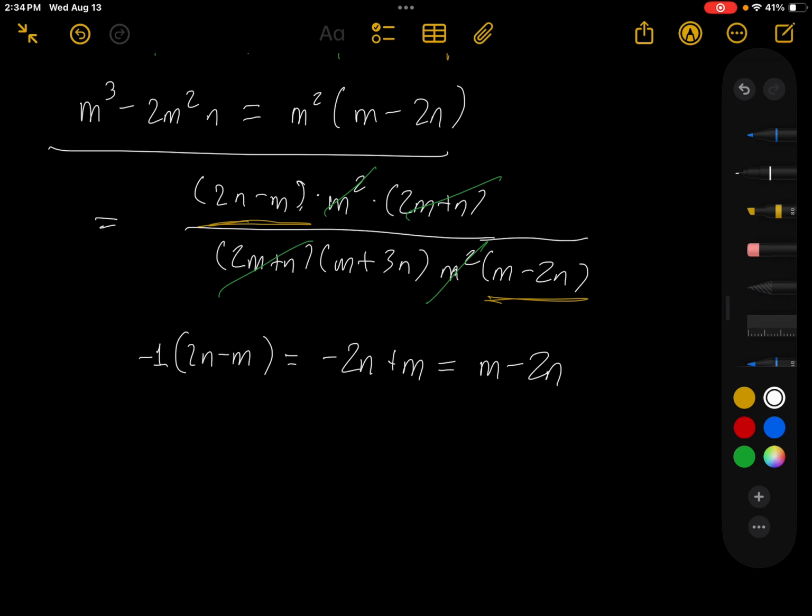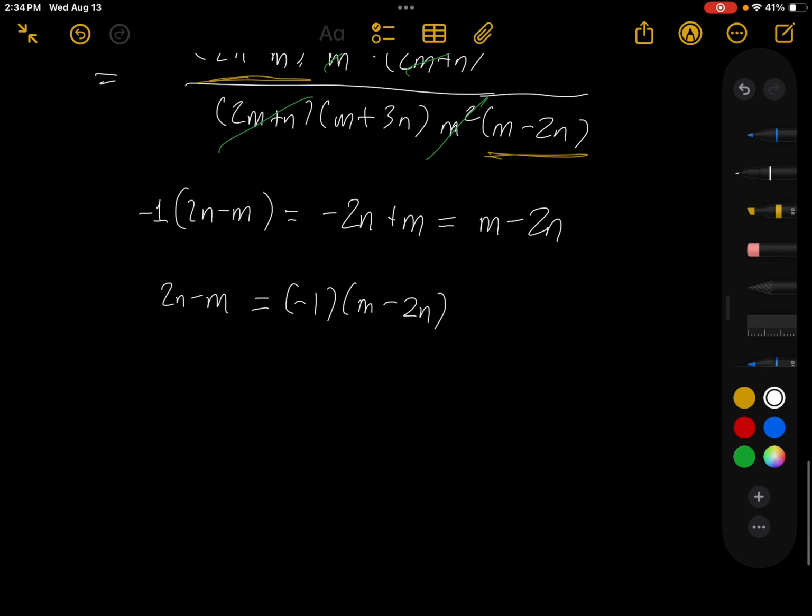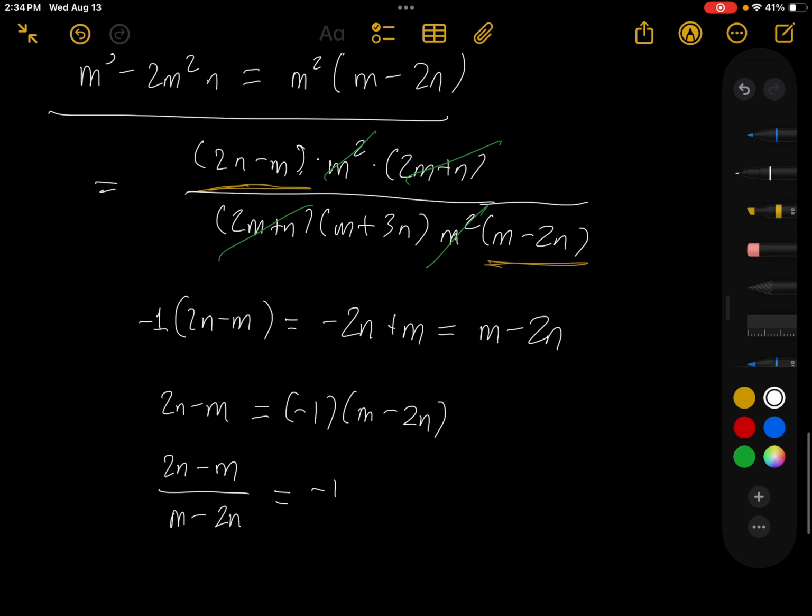So 2n minus m is the same as negative 1 times m minus 2n. If I divide both sides by m minus 2n, I get 2n minus m over m minus 2n is equal to negative 1. So actually these do cancel, but I have negative 1.